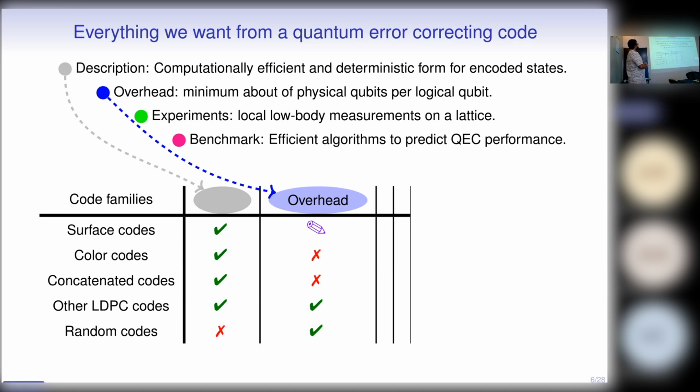Okay, so in terms of what gives minimum overhead, well, for surface codes, although it's not completely true, the overheads are still manageable with current architectures. For other codes like color codes and concatenated codes, the overheads are pretty bad in the sense that you can put in even infinite physical qubits and you will still get one logical qubit.